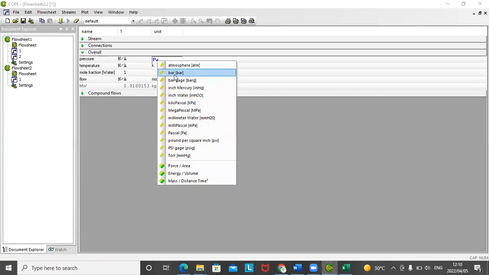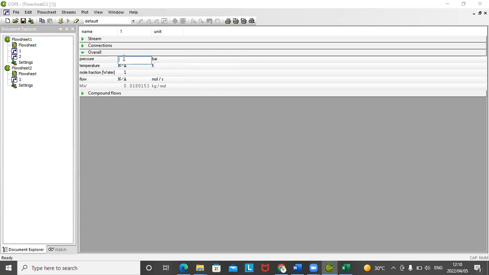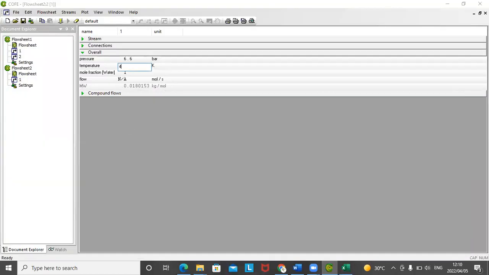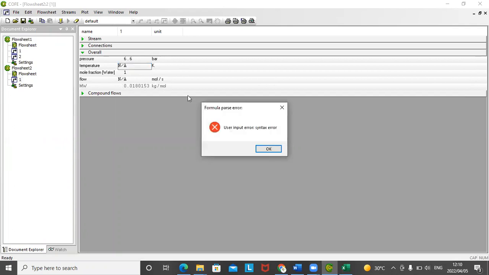We said our steam is at 6.6 bar. It's coming in at a temperature of 438.15. The properties we're looking for now are not really dependent on how big your stream is.